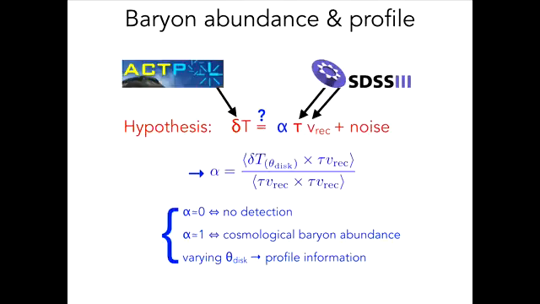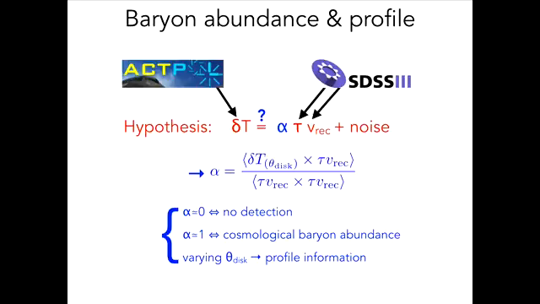Now, whether we've detected or not the signal can be formulated as this hypothesis that we're testing. Does the fluctuation in temperature that we see in the map relate to the reconstructed velocity plus noise? And to test this hypothesis, we introduced this fitting parameter alpha. Intuitively, if you fit for alpha and find it consistent with 0 in your data, it just means you have detected nothing.